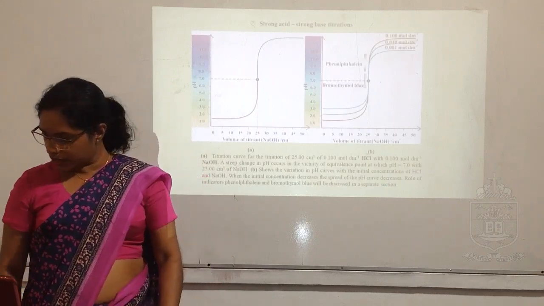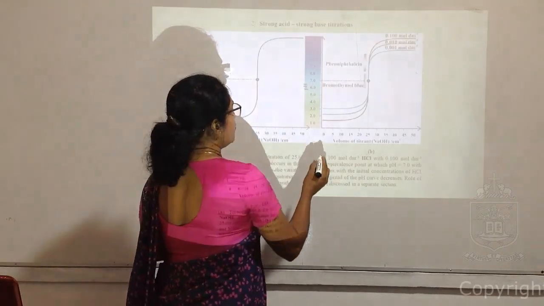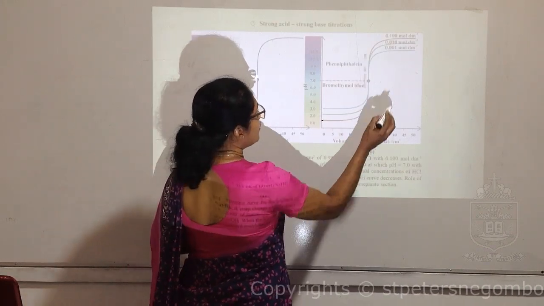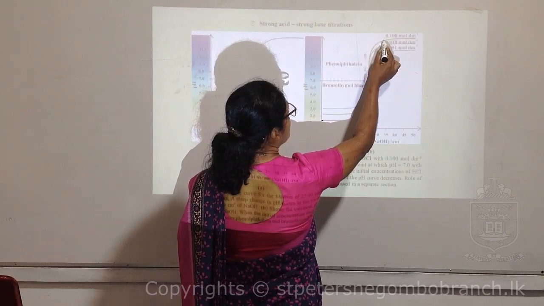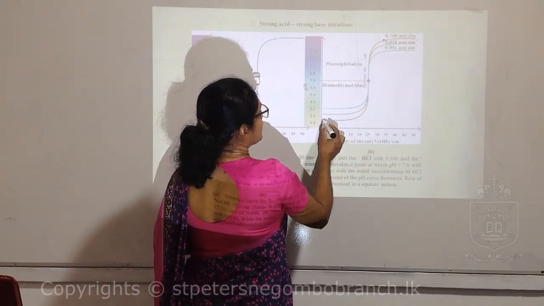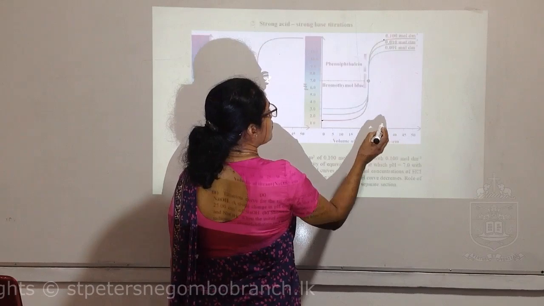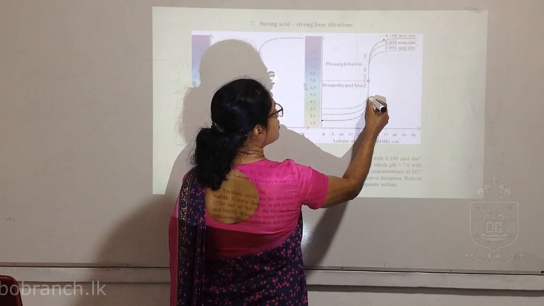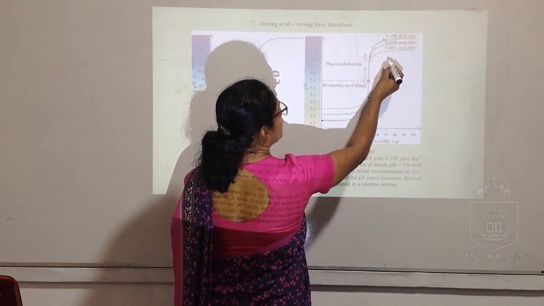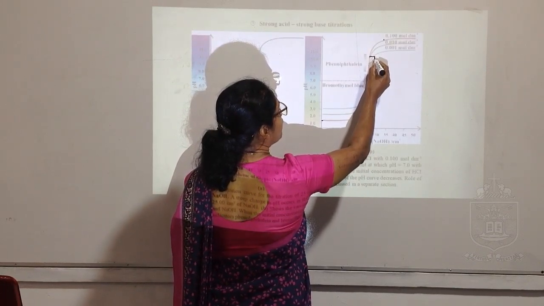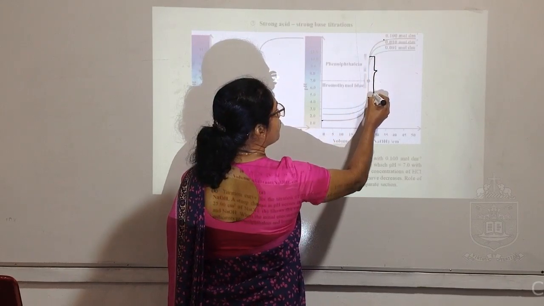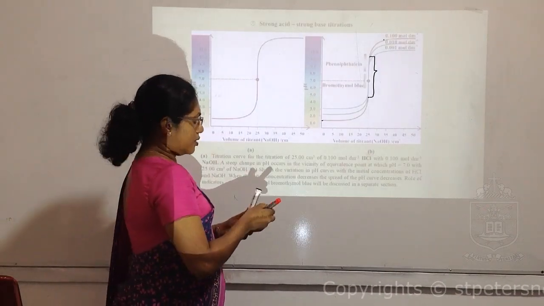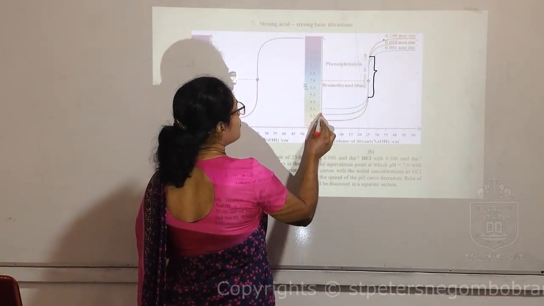I can show you that when we use 1N HCl and 1N NaOH, this is the curve, and the steep change of pH lies in this area.